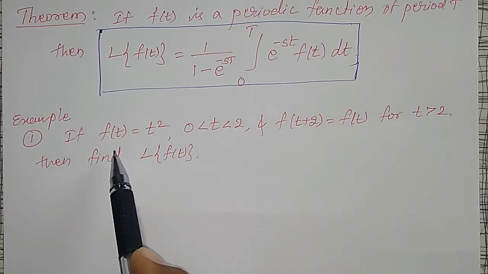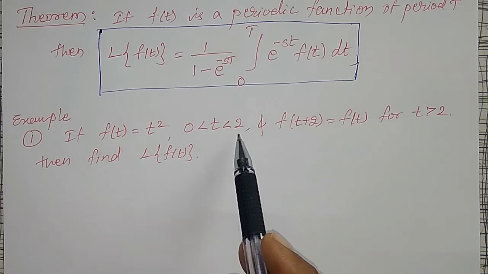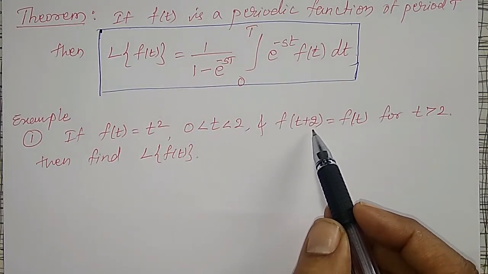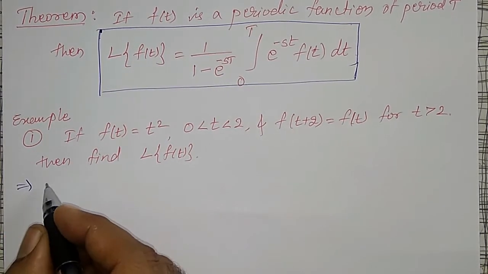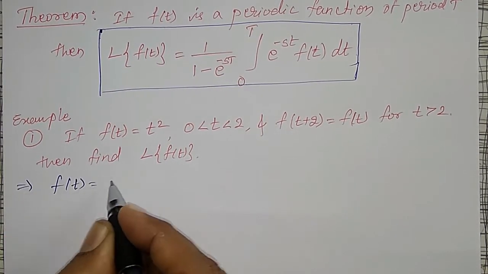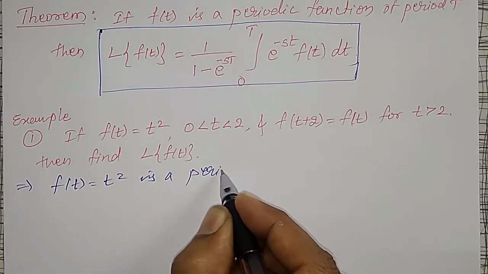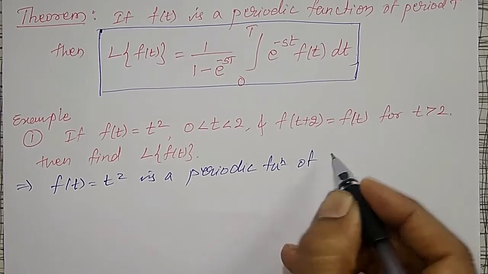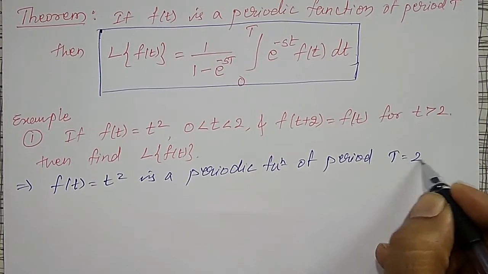From the given problem, we can observe that the function f of t is a periodic function of period capital T equal to 2. You can write here f of t is equal to t square, a periodic function of period capital T equal to 2.